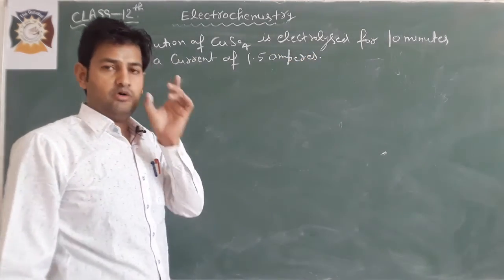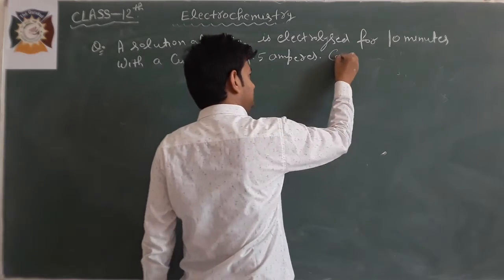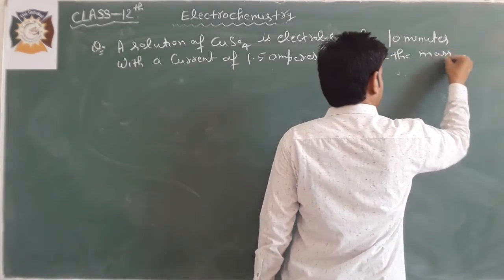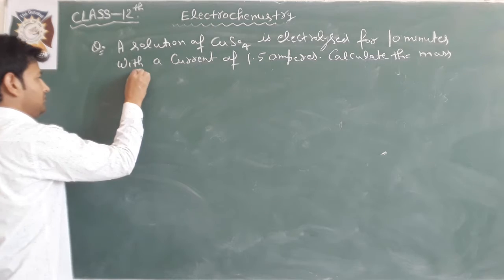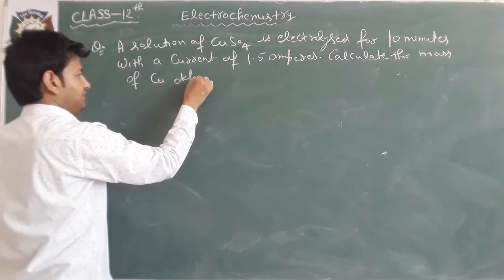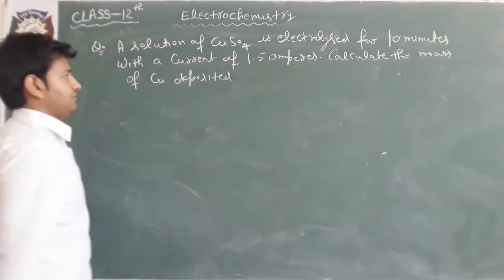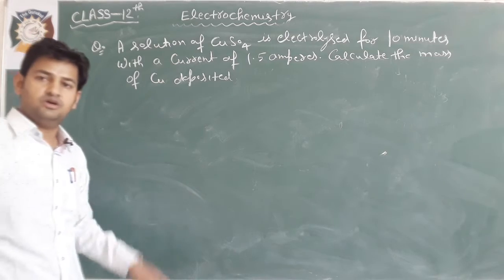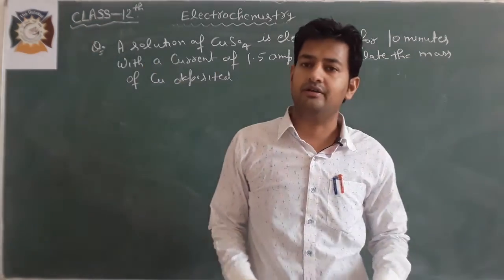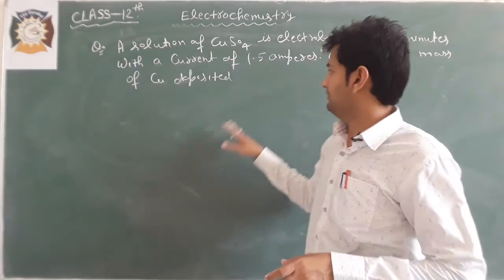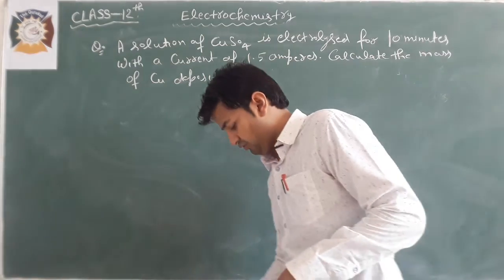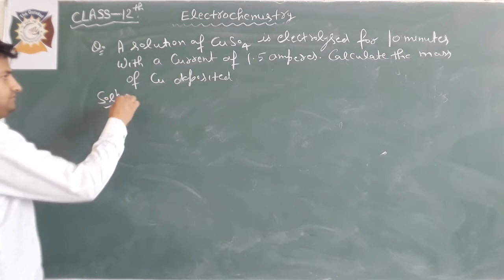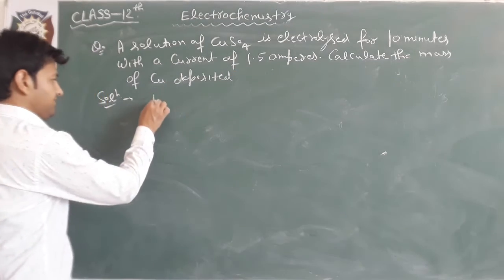Calculate the mass of copper deposited on the electrode. So in this question we are given the current, which is 1.5 ampere.